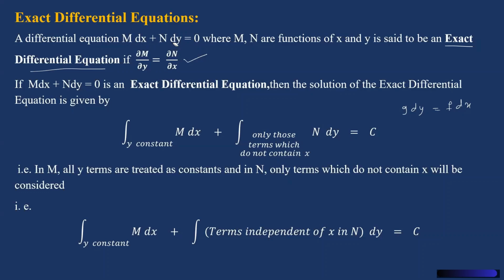When you are given such a differential equation, we differentiate m with respect to y partially and n with respect to x. If these two partial derivatives are equal, we call such a differential equation an exact type differential equation. Remember, these two may not be equal every time. Only whenever these two are equal are we calling it an exact differential equation.